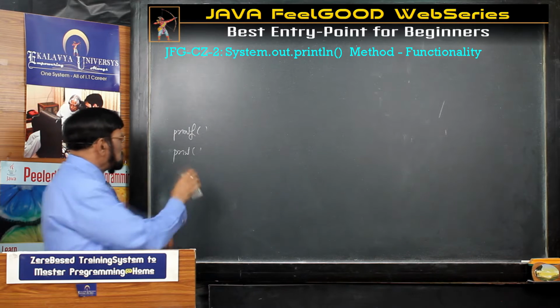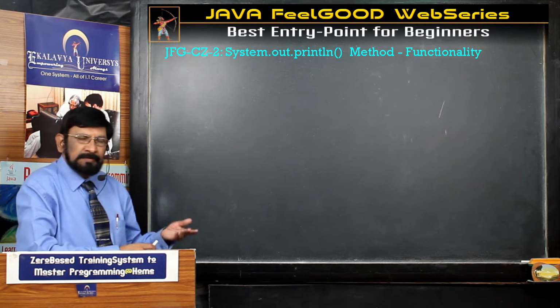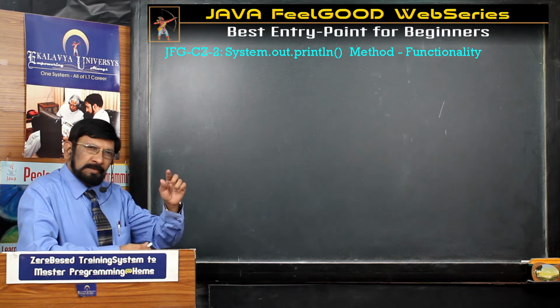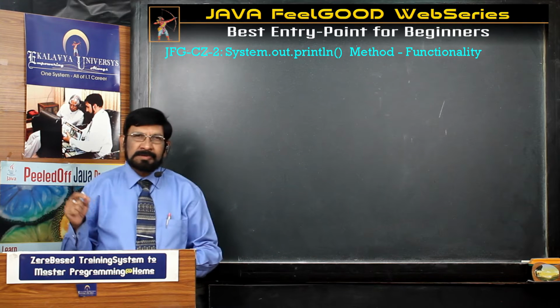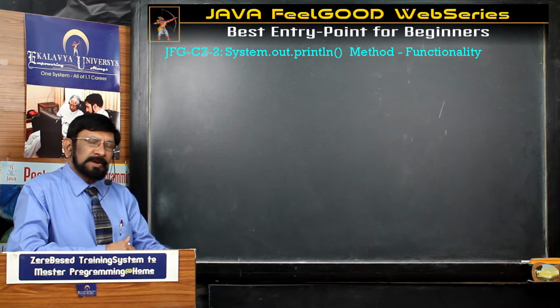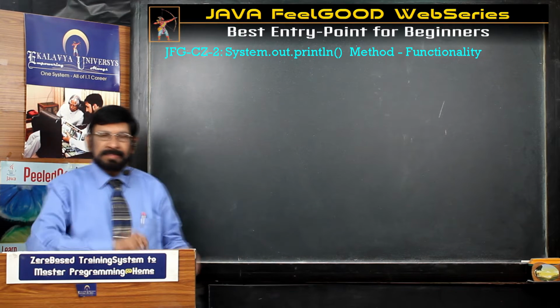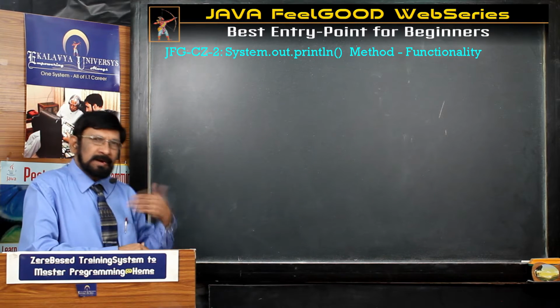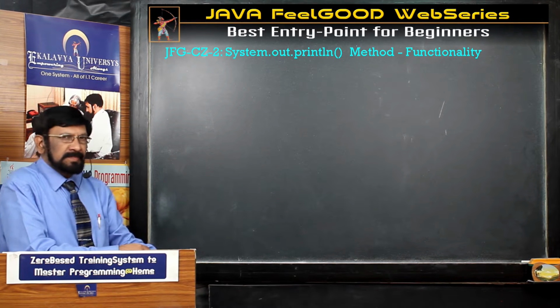Why is this so lengthy? Same functionality. Printf in C writes on the monitor screen. The print function in Python also writes on the monitor screen. As far as Java is concerned, it is lengthy. We cannot change Java, but we have to understand why that much length is there.